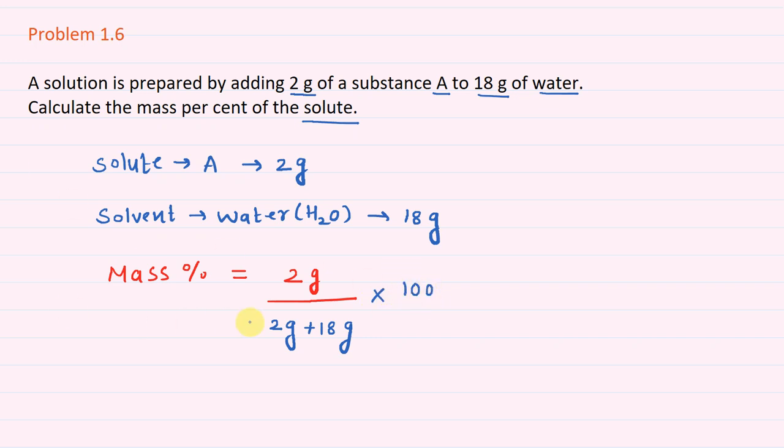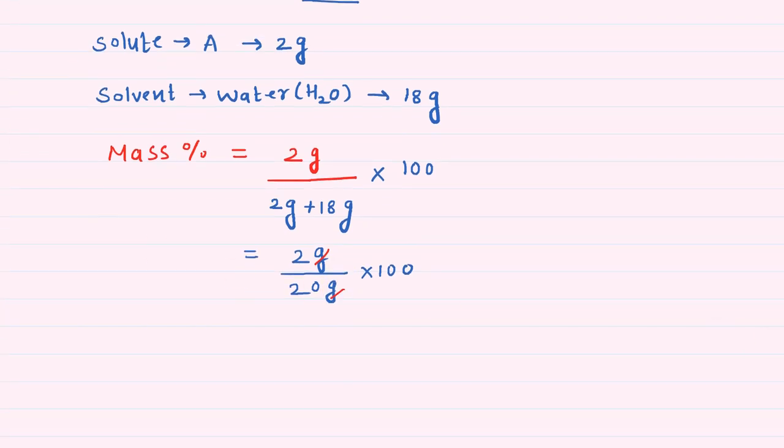We can simplify it further and write 2 grams divided by 20 grams into 100. Here we can cancel out this common gram unit, and on solving this we can write the mass percent of solute A equals 10%. I hope you understood this question.